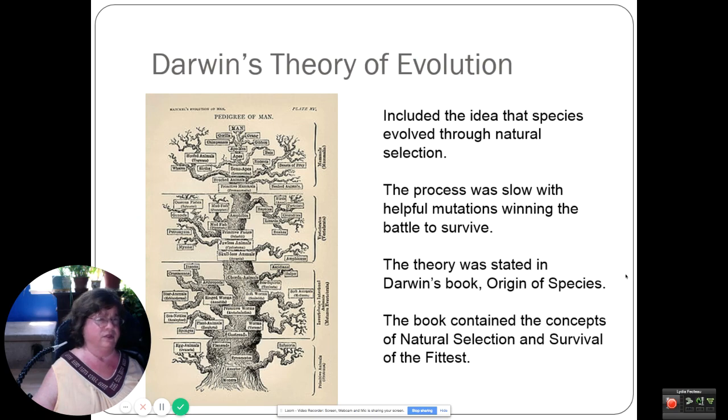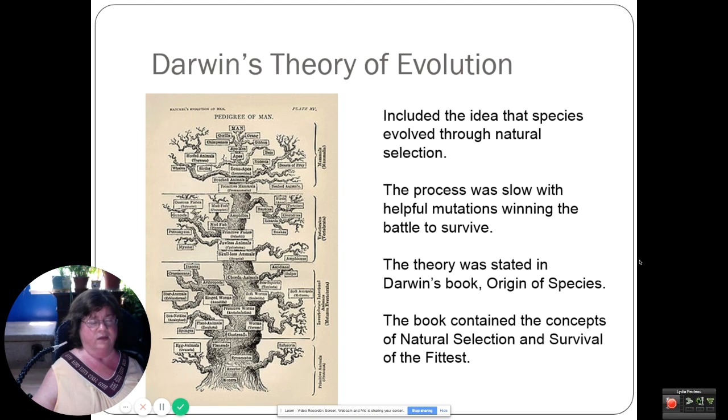So let's look first at Darwin's theories, which are different than eugenics, but it certainly inspired eugenics. So Darwin's theories included the idea that species evolved through natural selection. An animal that was born with a mutation that allowed him to eat a certain seed.